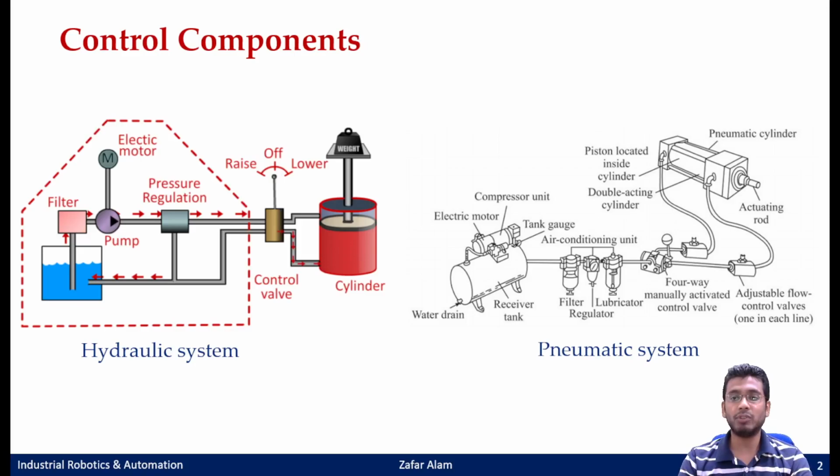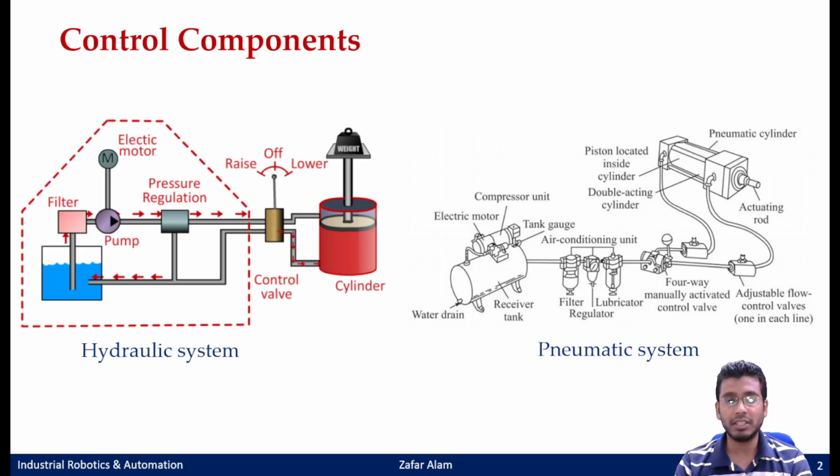To the right you have your actuators, but before the actuators you have control valves. What do these control valves do? The functionality is the same as in the hydraulic case. They control the extension and the retraction of a pneumatic cylinder in this example.